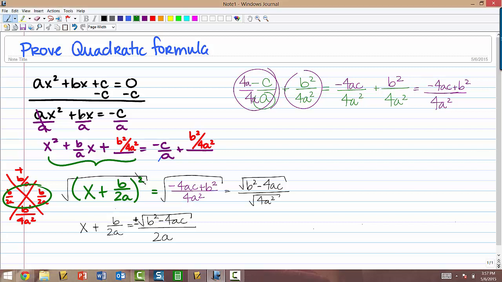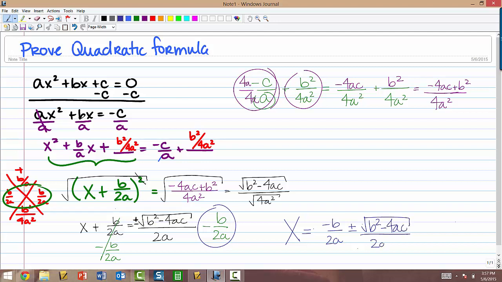And now we've got to get x by itself. So I'm going to subtract b over 2a. This crosses off, and we are left with the quadratic formula. x equals, let's put this first, negative b over 2a plus or minus the square root of b squared minus 4ac all over 2a.